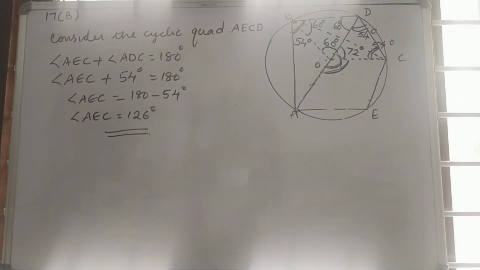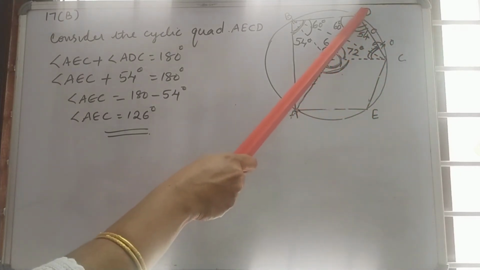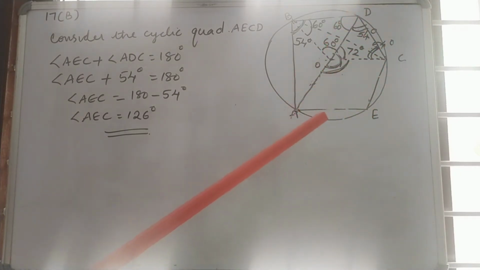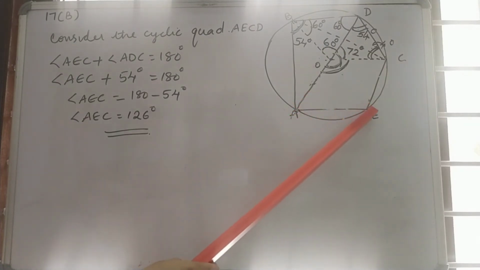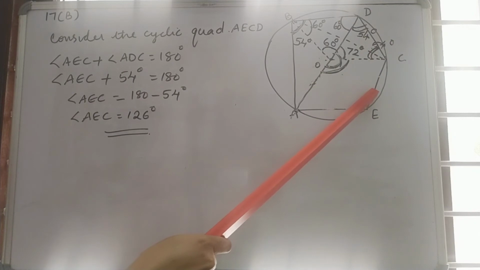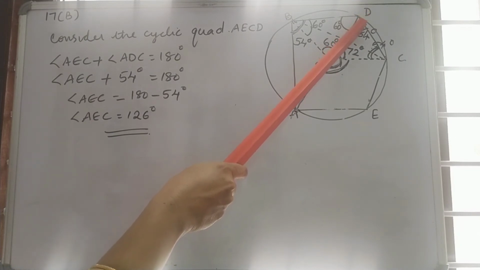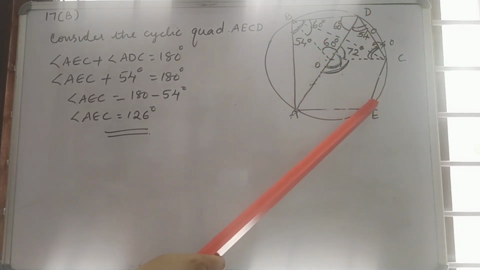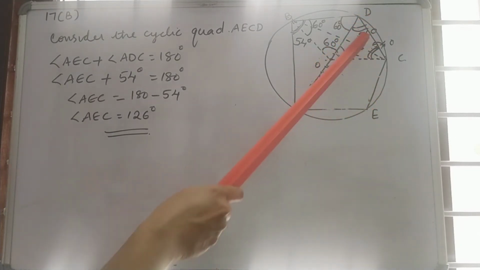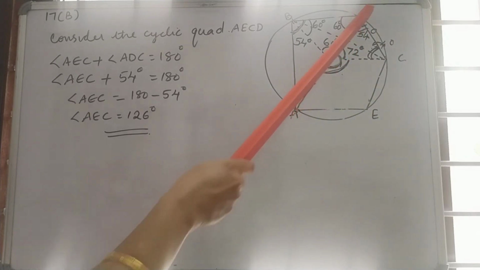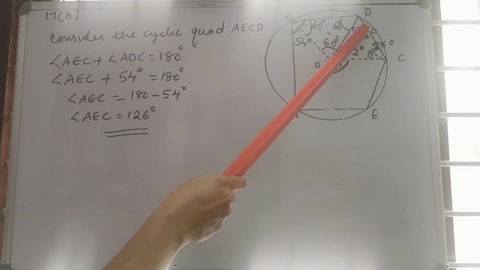Okay. Next, consider the cyclic quadrilateral AECD. We want to find angle AEC. The opposite angle of angle AEC is angle D, that is, angle ADC, which is 54 degrees.